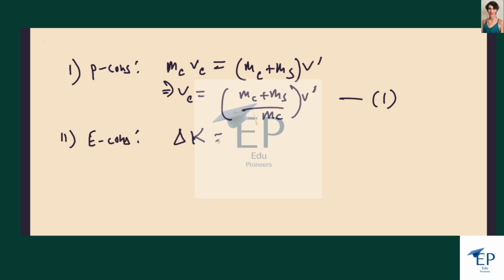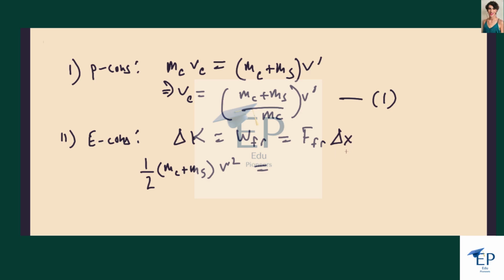So kinetic energy is equal to work done by friction. Kinetic energy is 1/2 times m, the combined masses m_c plus m_s, times v prime squared, because it's the velocity after impact, and that is equal to the work done by friction. Work done by friction, remember, is force from friction times the distance traveled.